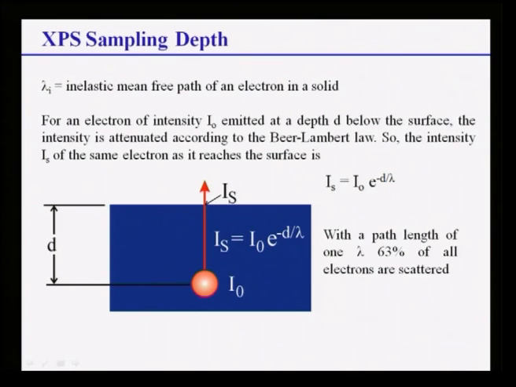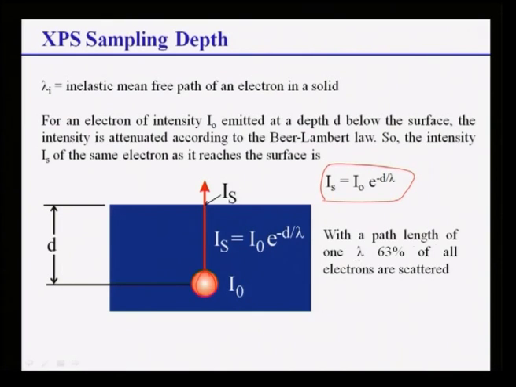For an electron intensity of I0 which is created inside the sample at a depth d below the surface, the intensity is attenuated according to the Beer-Lambert law. We have already discussed the Beer-Lambert law in UV-visible spectroscopy. So the intensity Is coming to the surface varies exponentially with d by lambda.